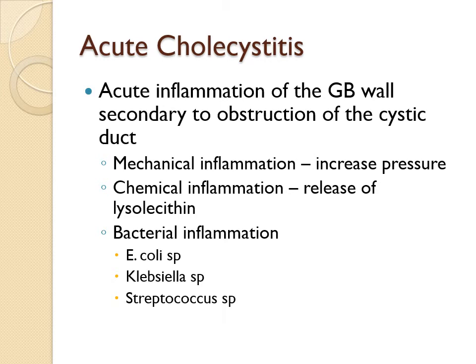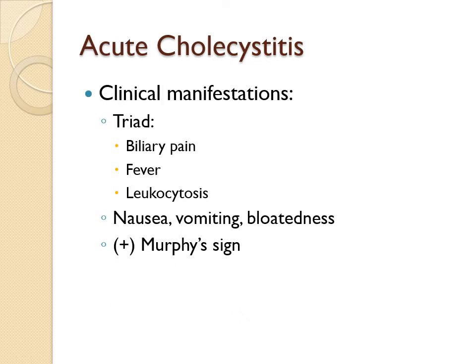So you can have secondary infection inside the gallbladder, and the most common organisms are your E. coli, Klebsiella, and Streptococcus. For the clinical manifestations of acute cholecystitis, you have the classic triad of biliary pain or colic, the fever, and leukocytosis. This can be accompanied by nausea, vomiting, and bloatedness.